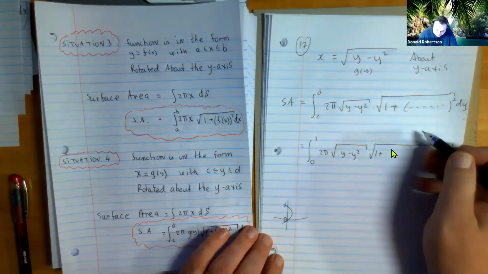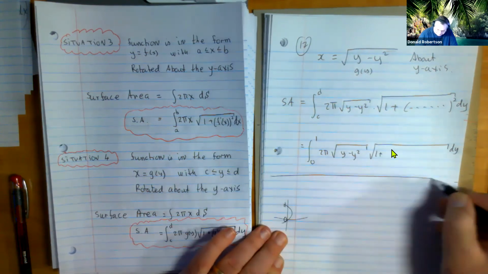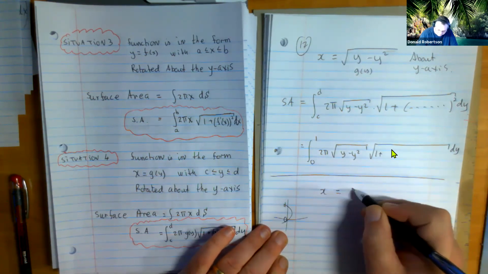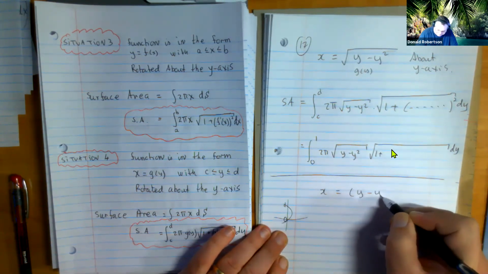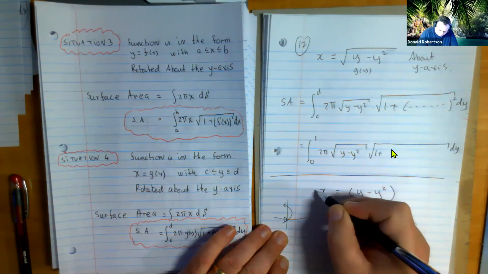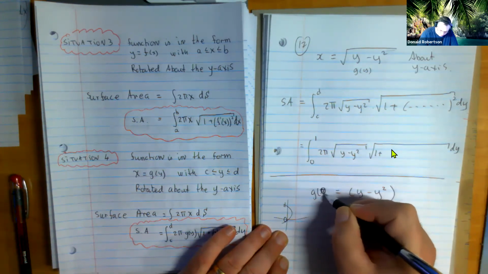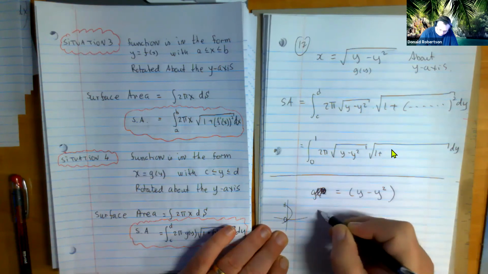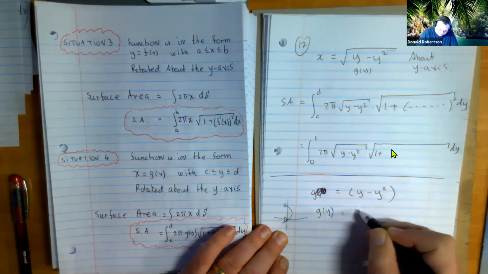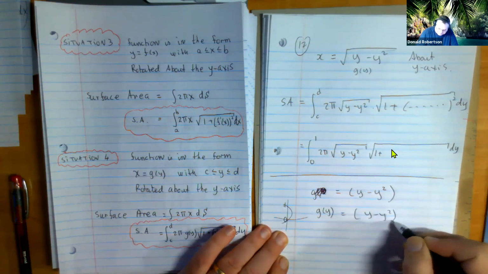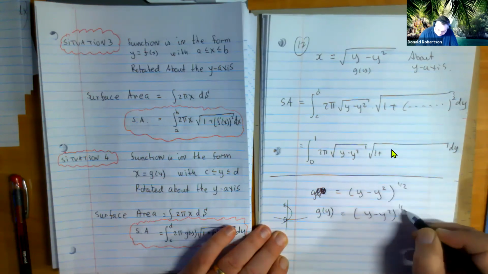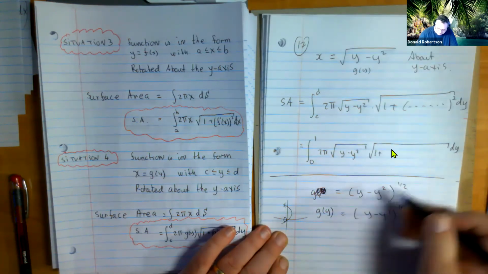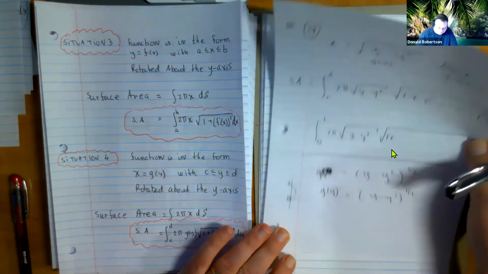Now, the piece that's missing is kind of messy. We'll call it g of y, because that's what I prefer to call this thing. I need to differentiate that guy and square it.